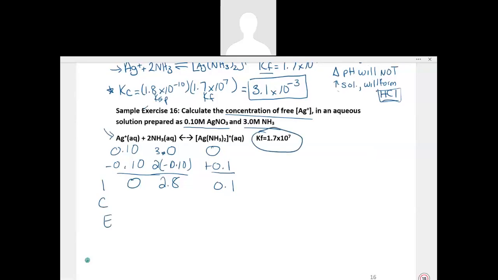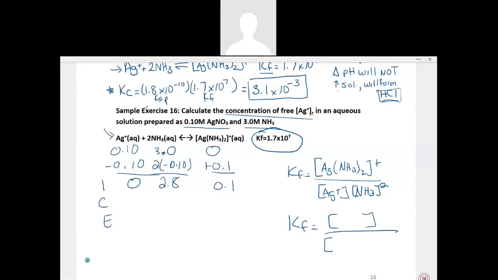Let's set up our Kf expression. It's still going to be products over reactants, as we've seen in the past for every other equilibrium expression. So there's my product, and here's my reactants. Now, note that the ammonia, we're going to have to square that value. So when we plug in our values here, we'll take special note that we square that value for the ammonia.